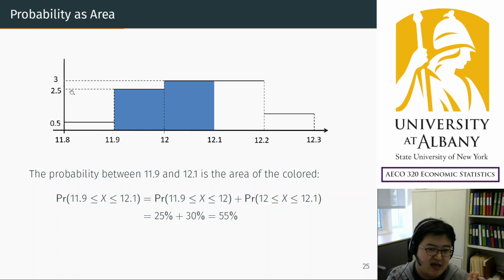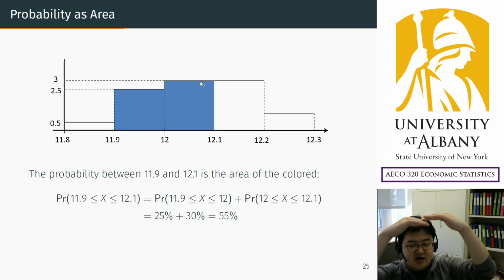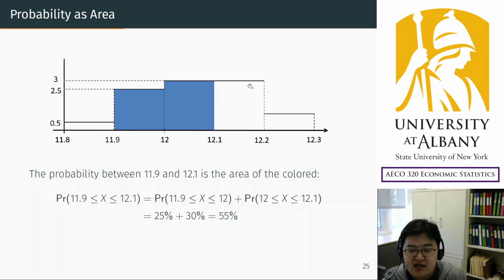So the curve itself is not a probability; it's just a tool to calculate the probability. And what it tells you is that when the curve is high, the probability is higher on that interval. It's more likely in this interval than that one. So the higher the curve, the more likely to happen, given that the intervals are the same length.